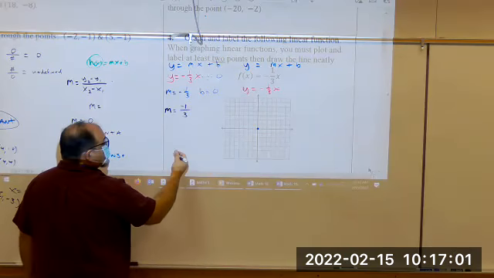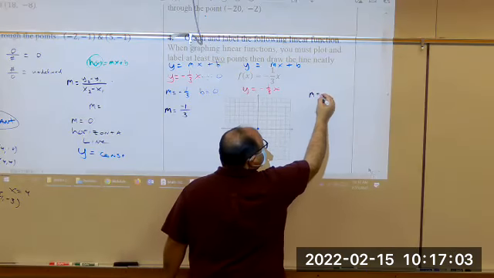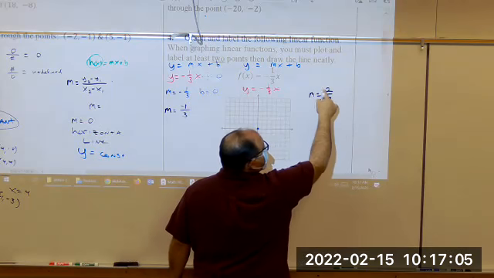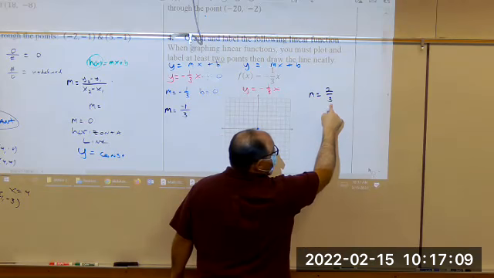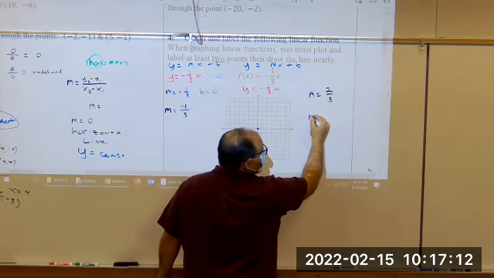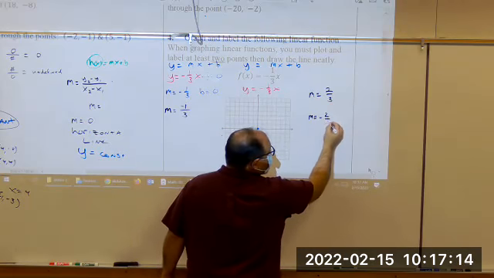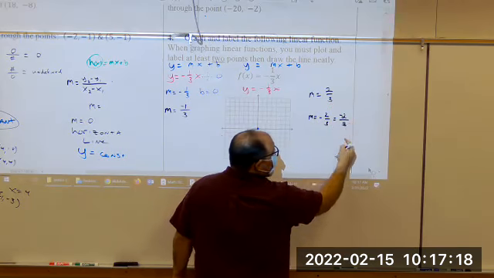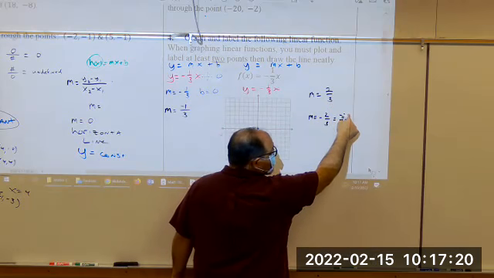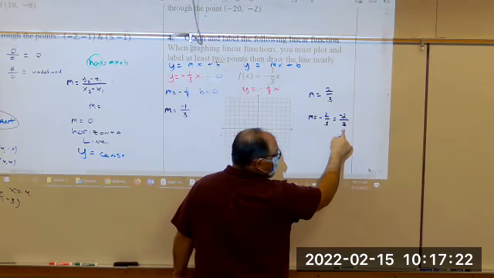If I have a positive slope, like +2/3, it's +2, +3. I'm going to go up 2 and right 3. But when I have a -2/3, I prefer to put the negative in the numerator. That way I know I'm going to go down first, down 2, and then right 3.